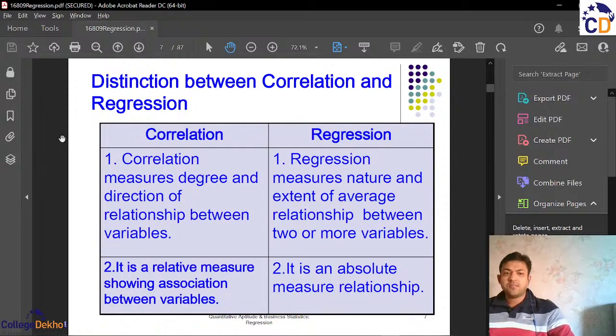Correlation measures the degree and the direction of the relationship between two variables. It measures the degree, meaning the amount, and the direction of the relationship between the variables. Regression measures the nature and the extent of the average relationship between the two variables.